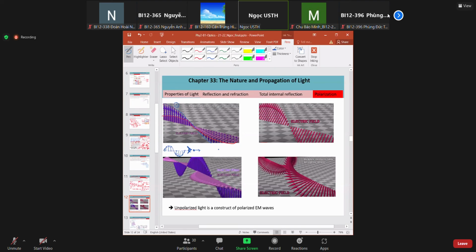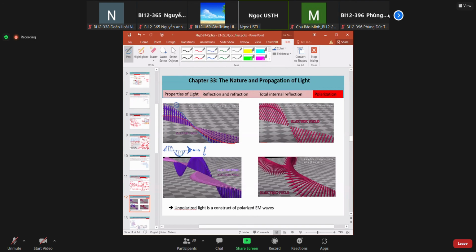So what did you see? You see that the electric field is up and down, up and down, up and down in only these directions. You look at this, you see the direction and also the magnitude of the electric field here.